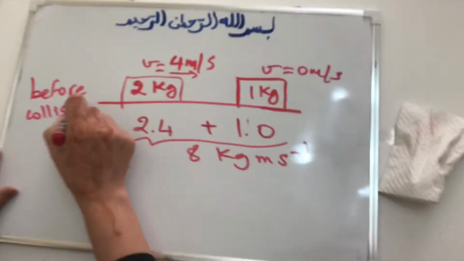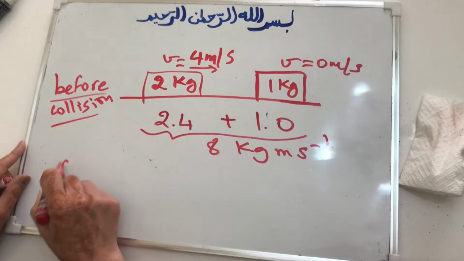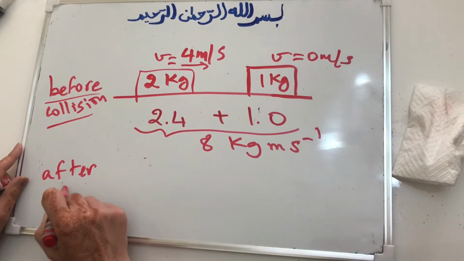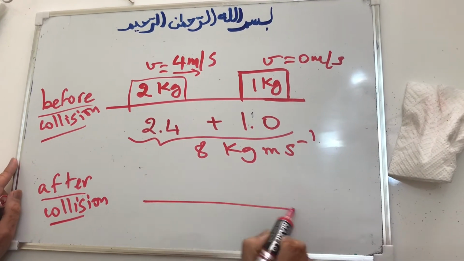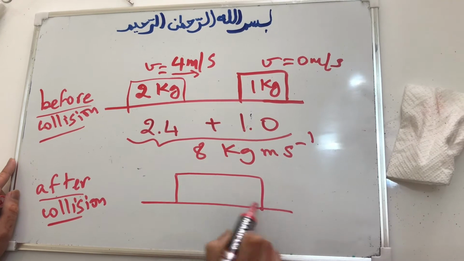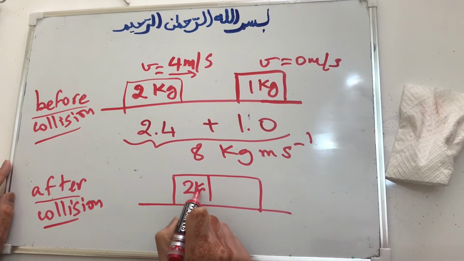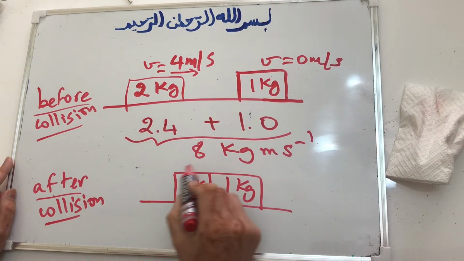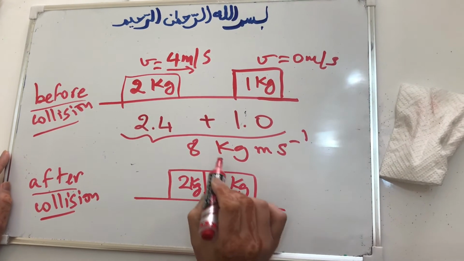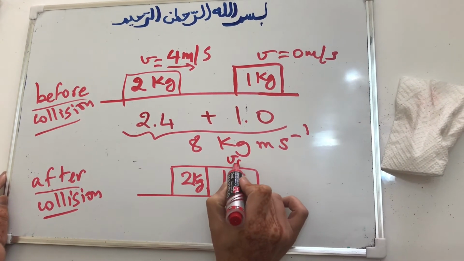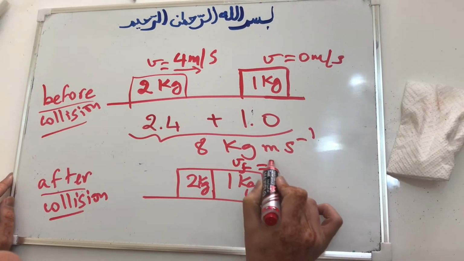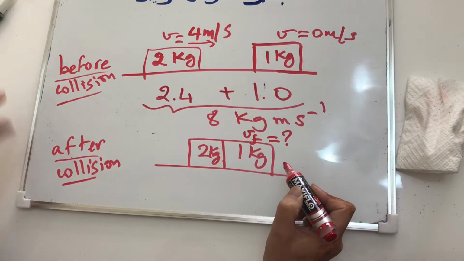After collision, let's say that they stick to each other and form one mass. This is the 2 kilogram and this is the 1 kilogram, and we have a bulk of 3 kilograms moving at the same velocity, v final, and we want to know what the v final value is.